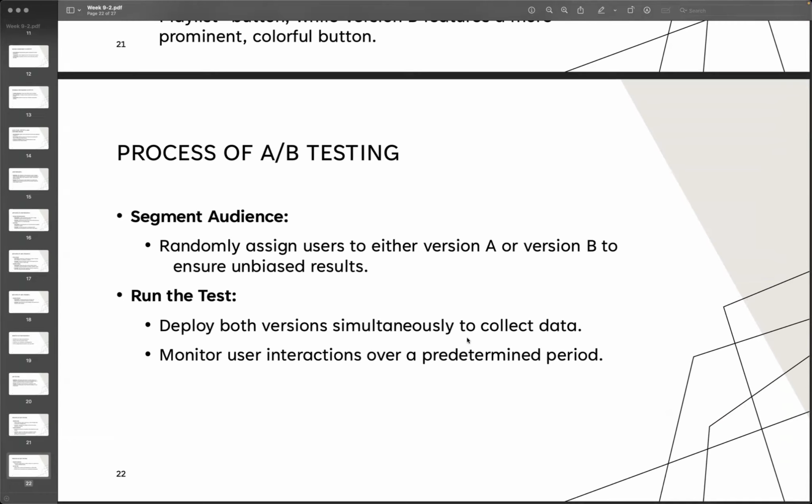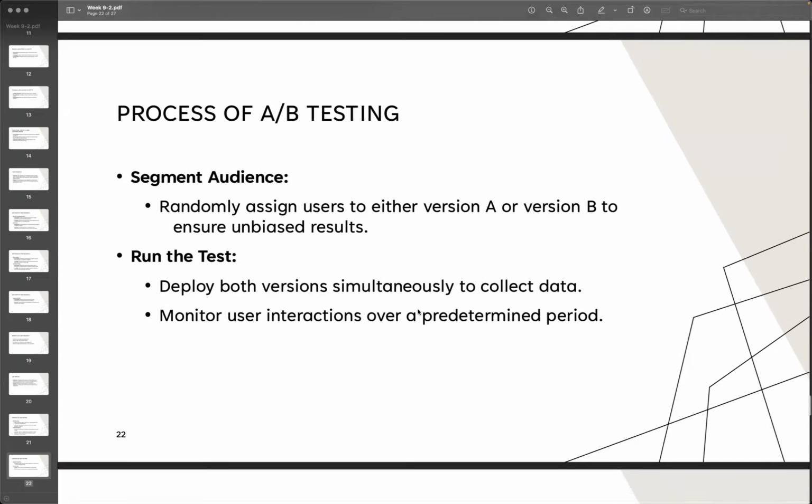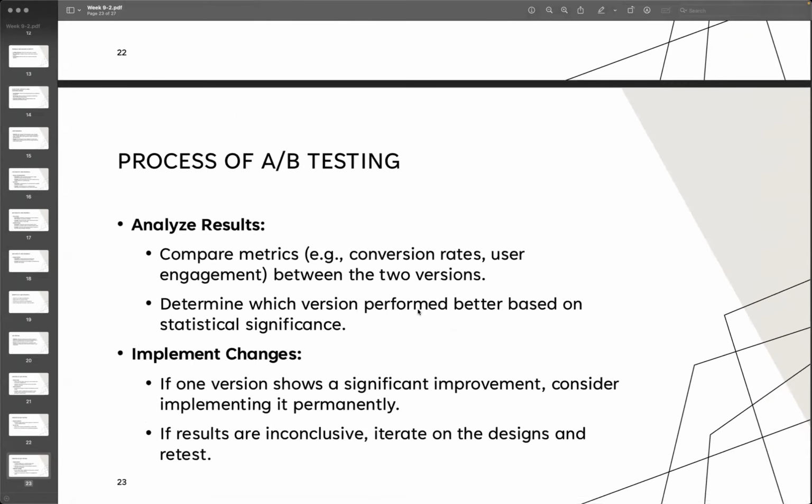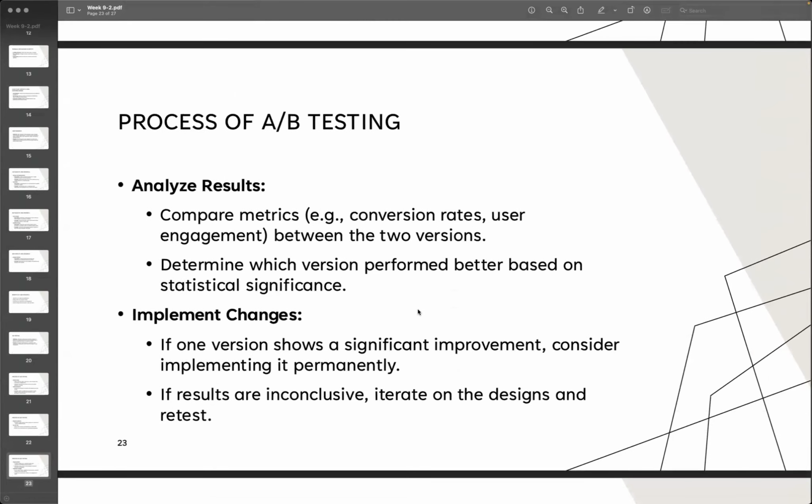And what we need to do is monitor the user interaction over a predetermined period, and then we can see what kind of results we get, and we can analyze it.